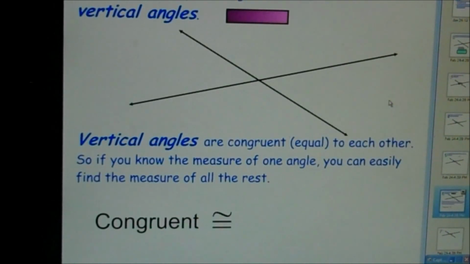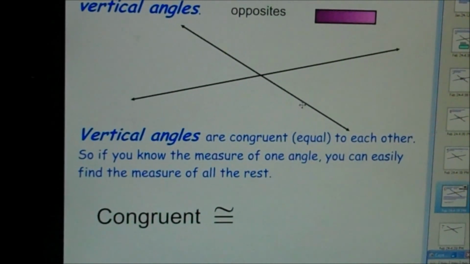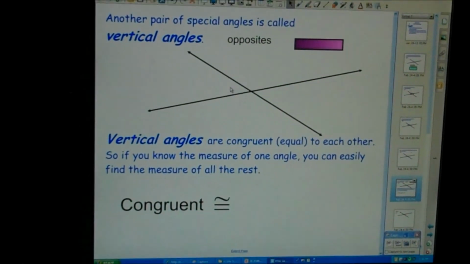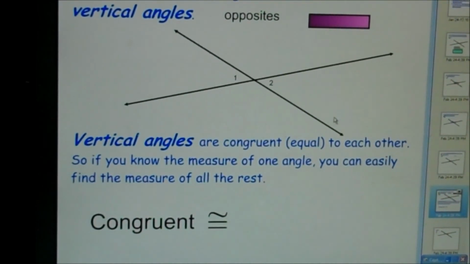Another pair of special angles are called vertical angles. Vertical angles are also known as opposites. These are the two angles that are across from one another. So if we have this one, we call angle 1, and this one we can call angle 2. Angle 1 and angle 2 are called vertical angles because they are across from one another. They are opposite from one another, so we call them opposite angles as well. Vertical angles are congruent to each other. That means equal to each other.